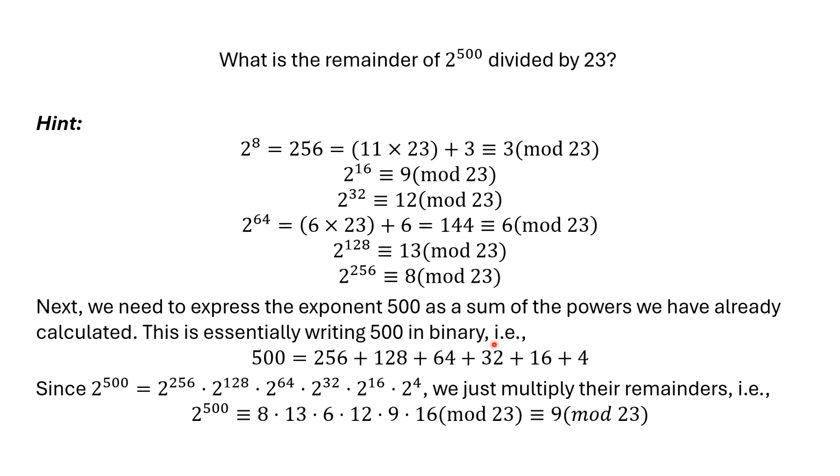So if we had, say, 133, and we want to know what 2 to the 133 is, we would just write 133 in binary in terms of the powers of 2, and then we would just go back to our computations. We wouldn't have to do them again, just a similar calculation to what we've done here, except you'd have a different set of exponents.